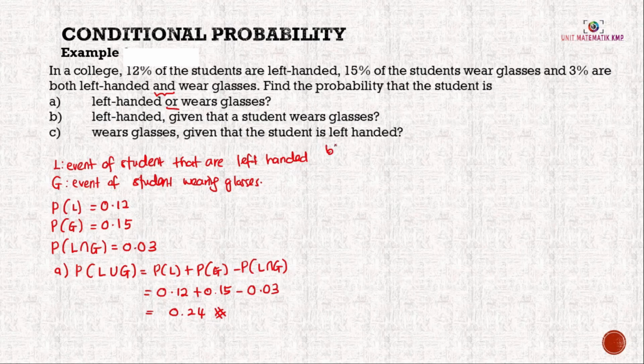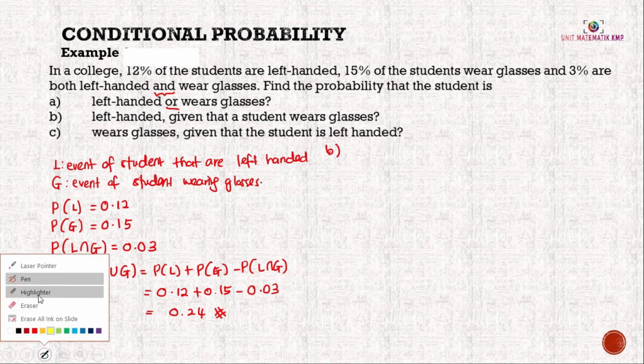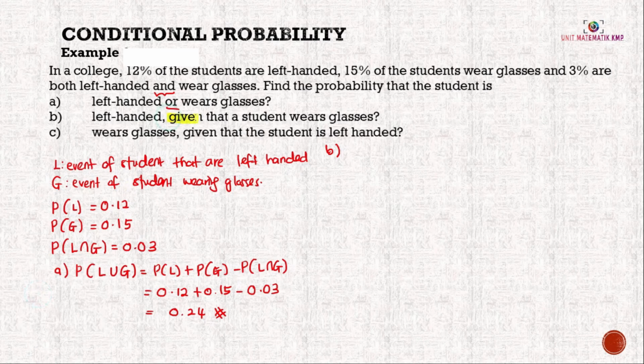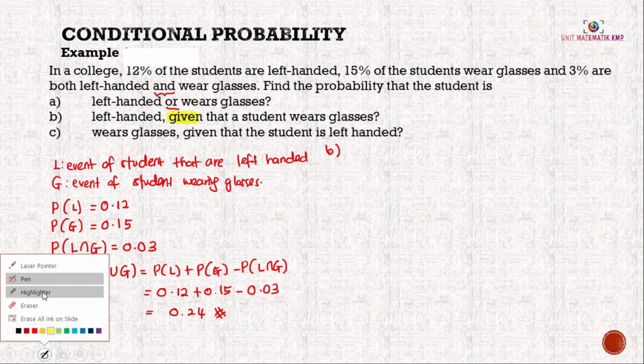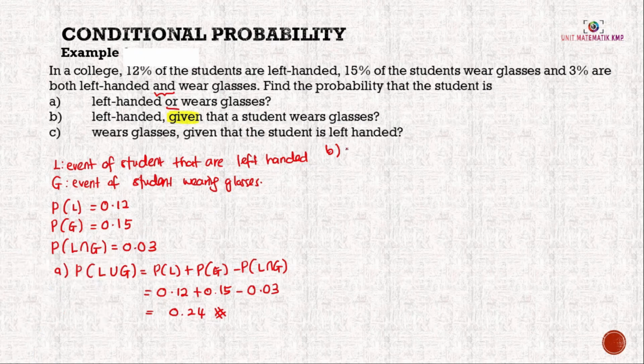So for question B, find the probability that a student is left-handed, given. So given here means that it is a conditional probability. So we need to find the probability of L given the student wears glasses.